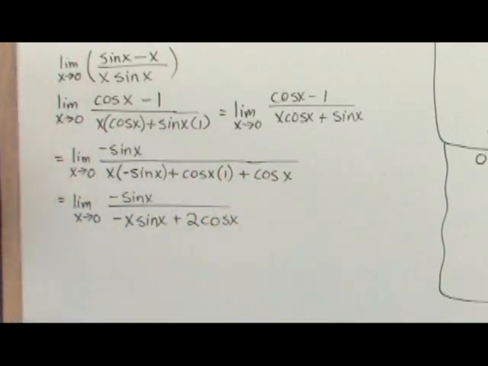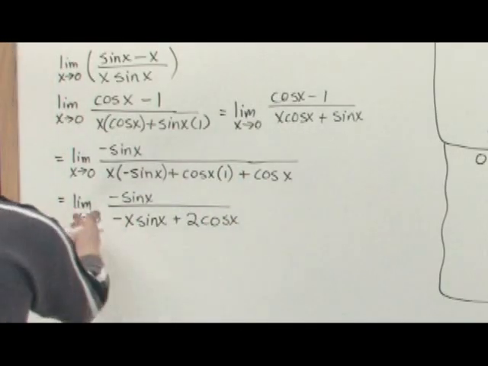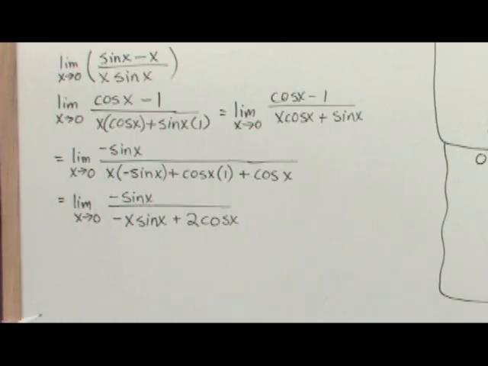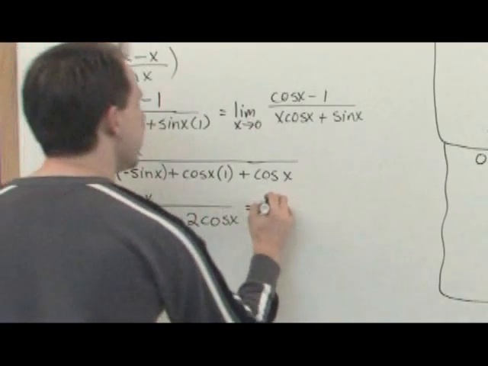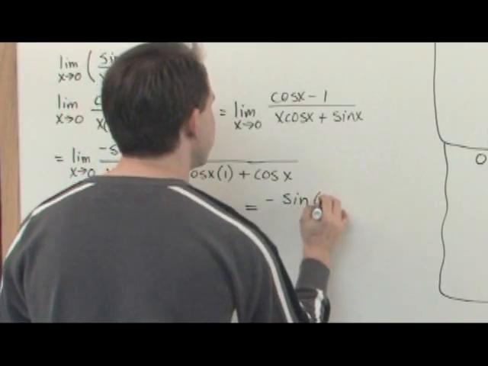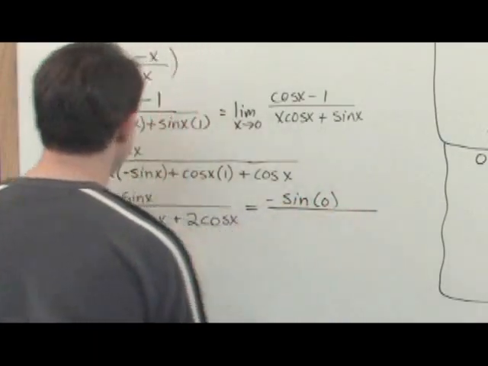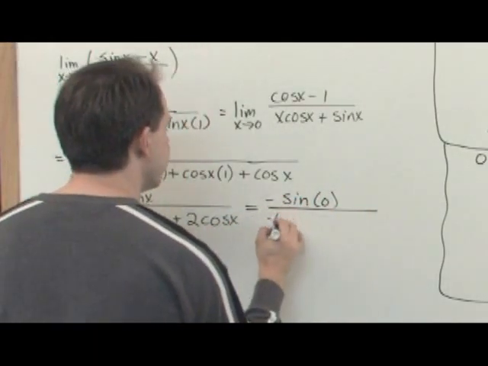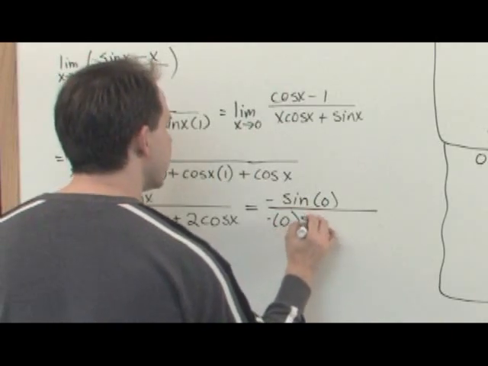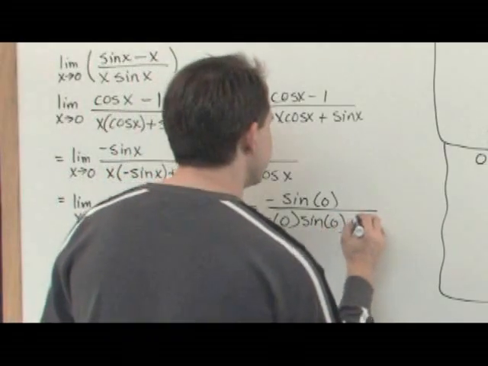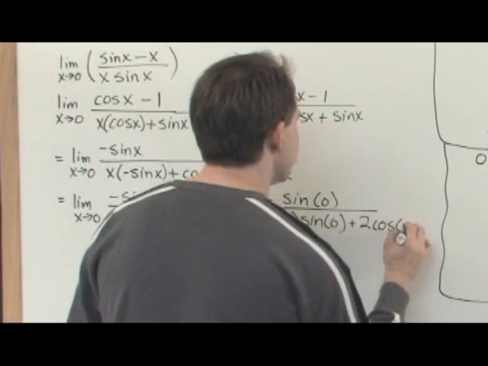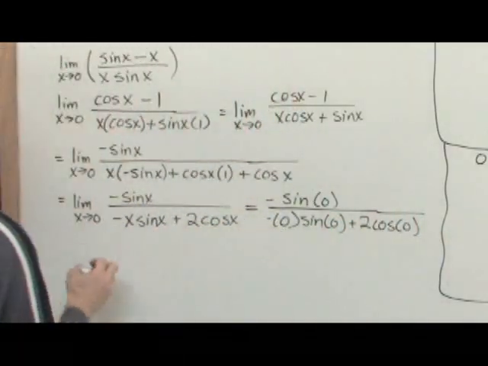This plus this gives me 2 times cosine of x. Now let's go ahead and plug it in and let's see if we get an indeterminate form, or let's see if we get something simpler out. Plugging in x is equal to 0, you have negative sine of 0, and on the bottom you'll have negative 0 times sine of 0, just plugging in right here, plus 2 times cosine of 0. Here, now let's see what we get.